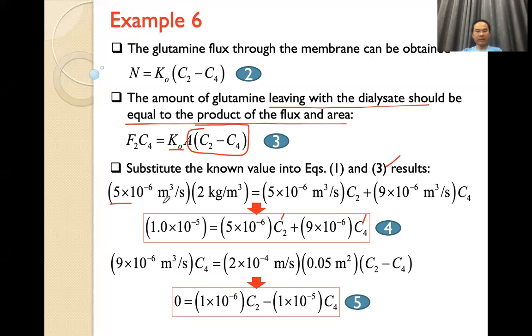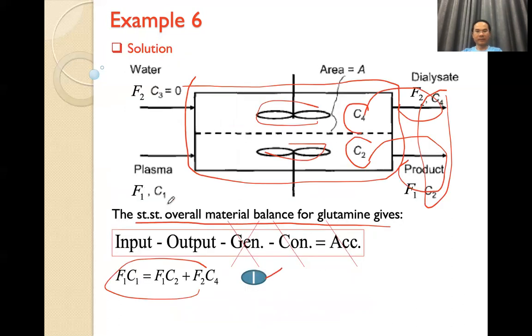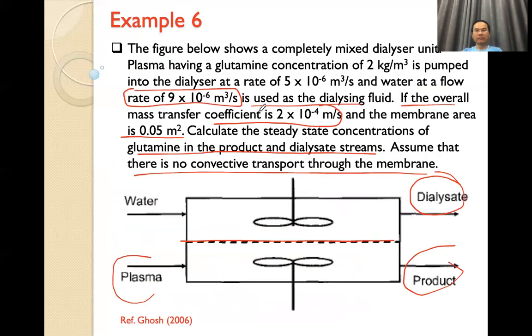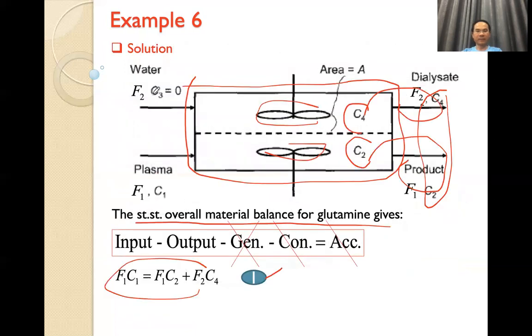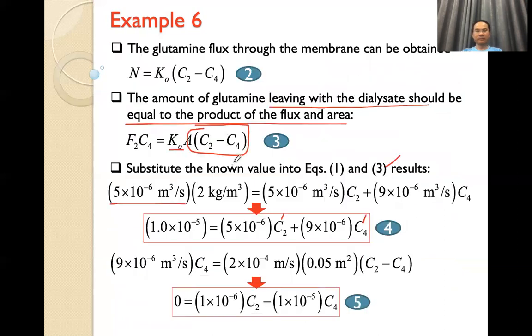You need the flow rates F1 and F2. You know F1 and F2. For this, you don't know C2 and C4.